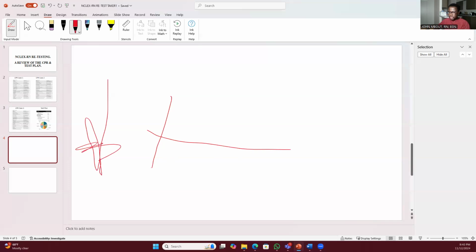Let's say you start your question here. You pass the first question, the graph goes up. You pass the second question, it goes up. You fail this third question, it comes down. You pass, it goes up.